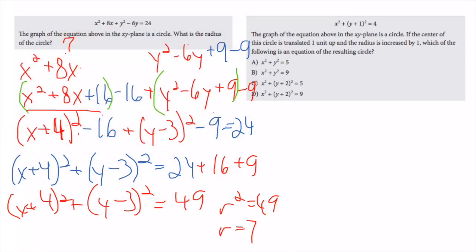Just for your knowledge, also the center of the circle would be minus 4, positive 3. So by completing the square, we get into the form that we want to be in.